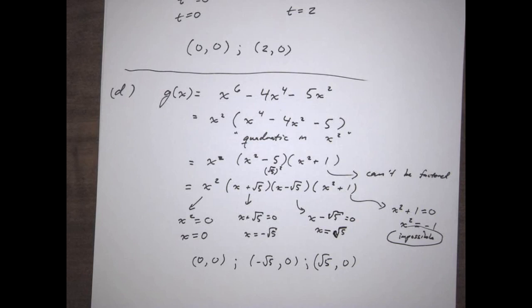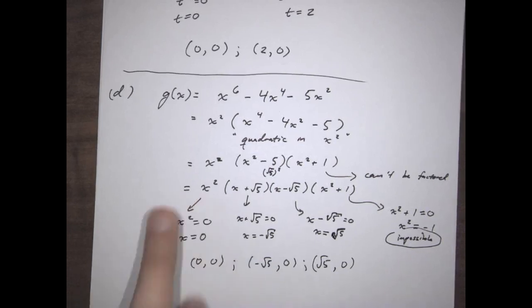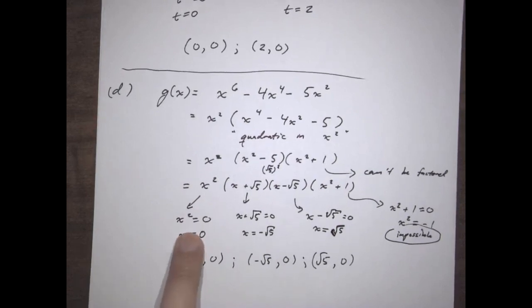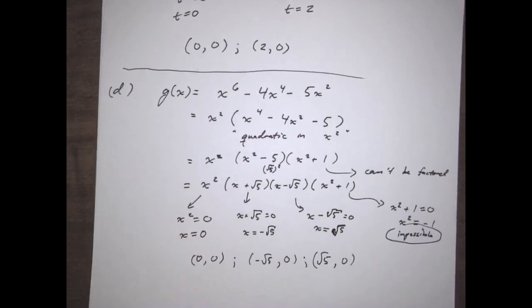Now there's an important thing that we also have to take into account when it comes to these particular expressions, and that's that sometimes we had an x squared which equals 0, and in a way it equals 0 twice, and other times we only had the thing to a power of 1.